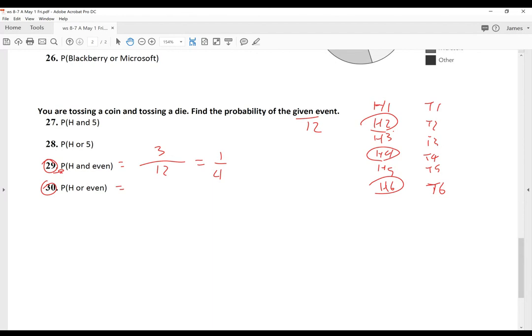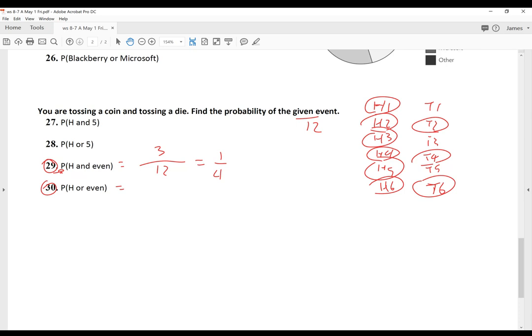Now, what's the chance that when you toss a coin and a die, you get heads or you get an even number? Well, all of these are getting heads. And then you have even number, which is 2, 4, 6. So in this case, you get more because we're counting both.